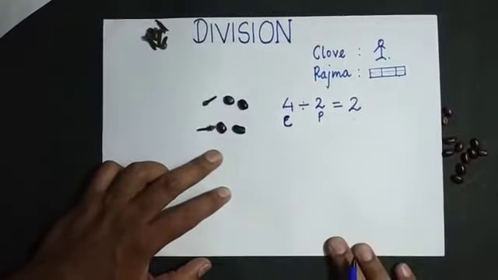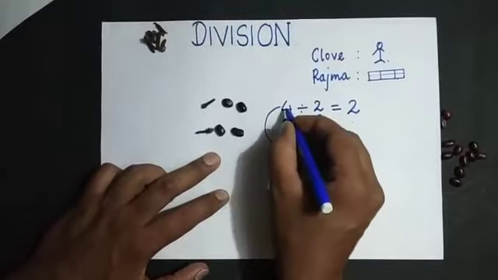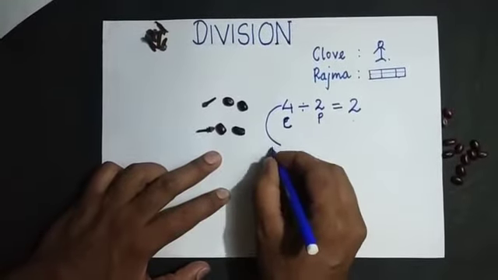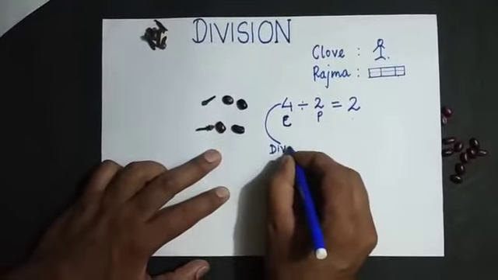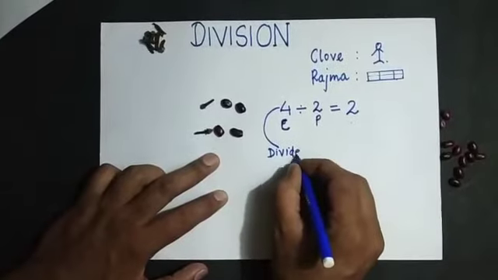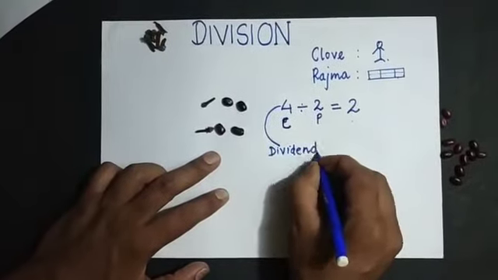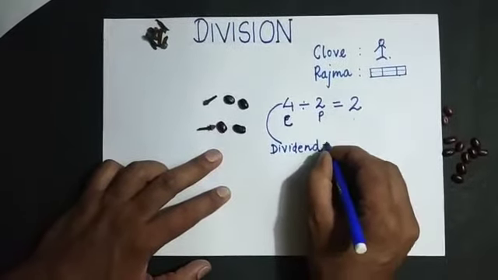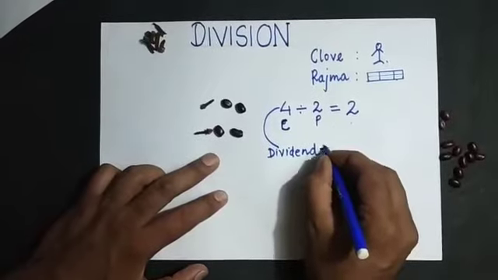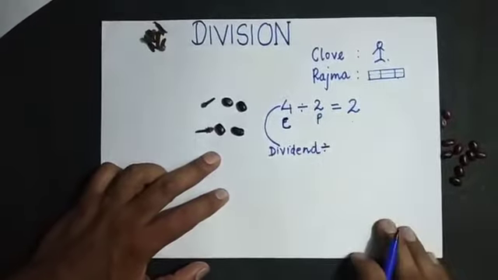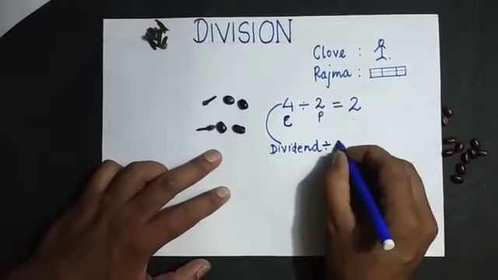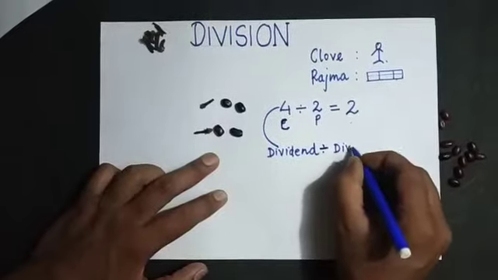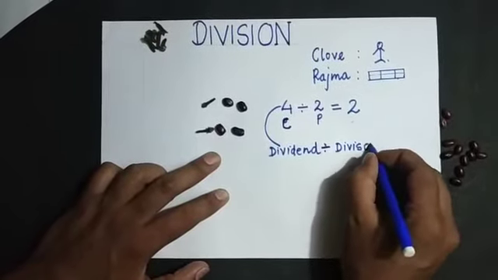In the language of mathematics we say 4 is the dividend, this is the sign of division, and 2 is the divisor.